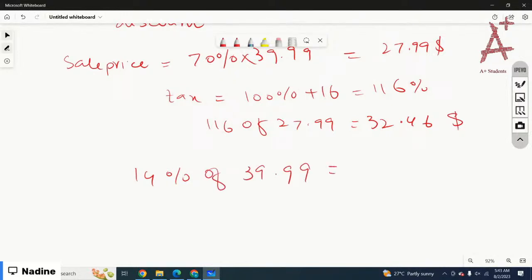Let's just calculate the value. 0.14 times 39.99, that would be 5.56.